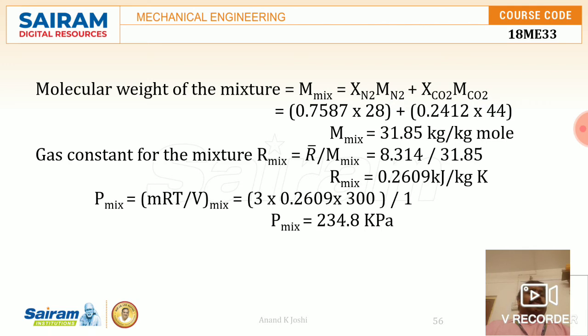In this problem, we have to calculate pressure. M we know, that is 3 kg. R we have calculated for the mixture, 0.2609. T is 300 Kelvin, and the volume is 1 meter cube. So substitute all this.